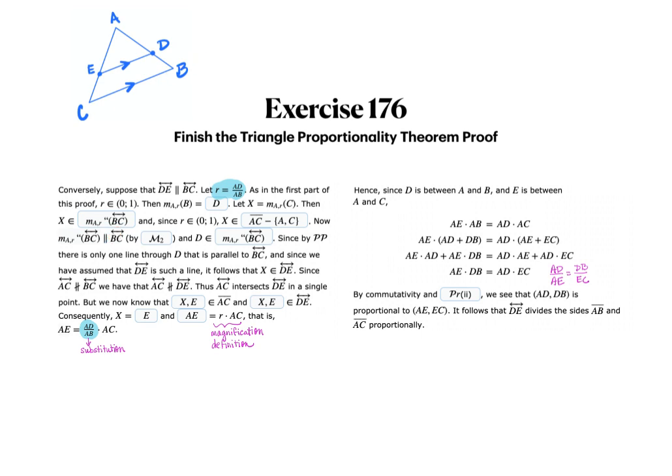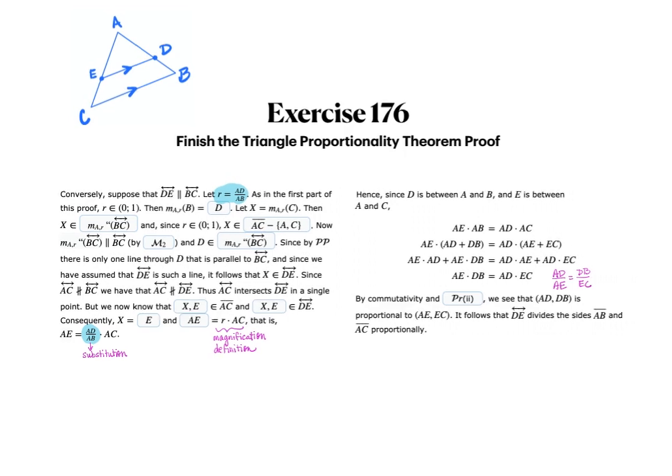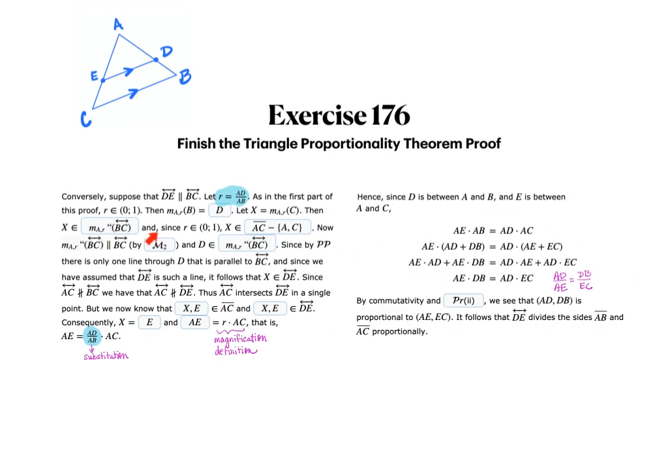So if I'm magnifying line BC, X is going to be an element of that because X is the image of C. And since R is an element of the numbers between 0 and 1, excluding 0 and 1, I know that X has to be an element of segment AC, excluding the endpoints. So I know that X is somewhere between A and C.